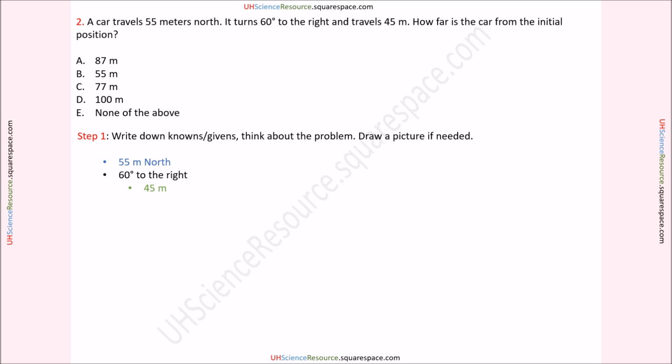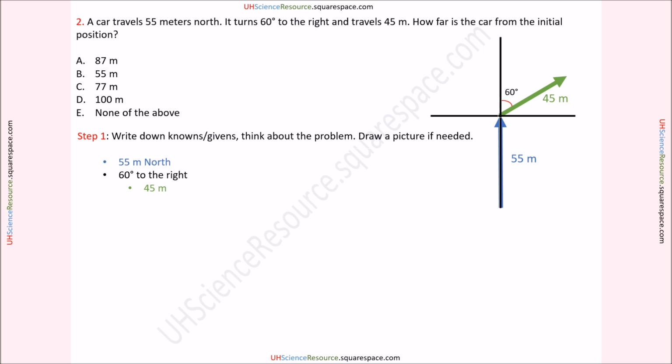If we draw this out as a diagram, we can see that the car first moves 55 meters north, shown by the blue arrow, and then we're supposed to move 60 degrees to the right. That's kind of hard to imagine, so if we draw an XY coordinate plane, we can see it more easily. 60 degrees to the right would look something like that.